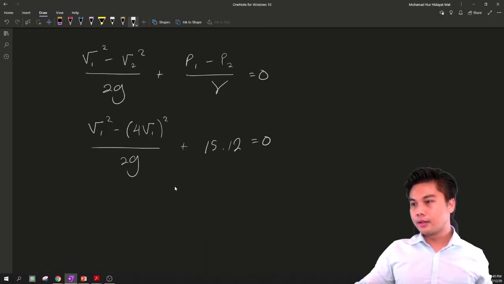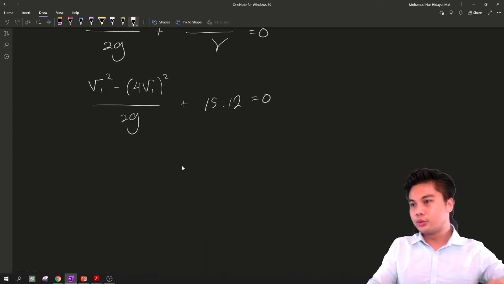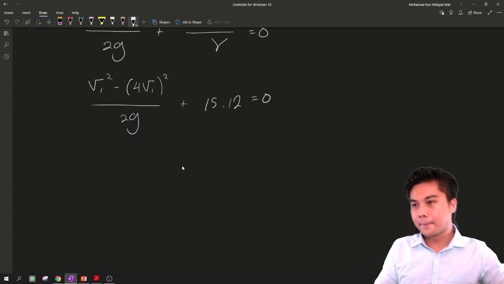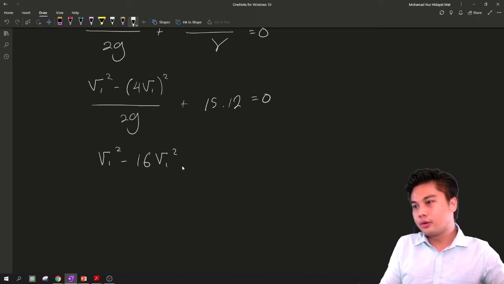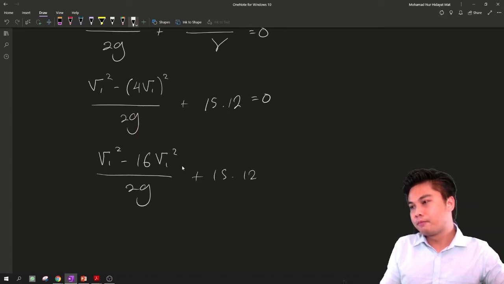Then we try to solve this equation. We make sure 4 to the power of 2 is 16. So V1 squared minus 16 V1 squared over 2g plus 15.12 equal to 0.